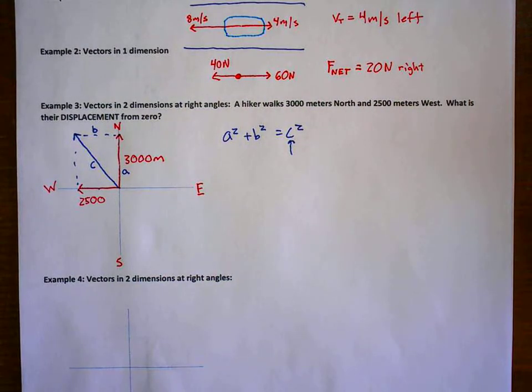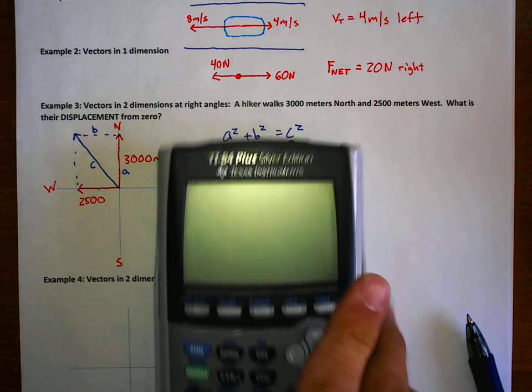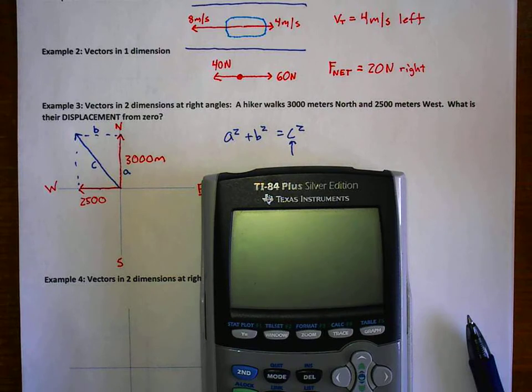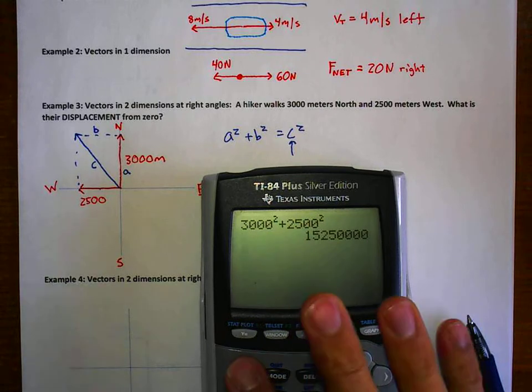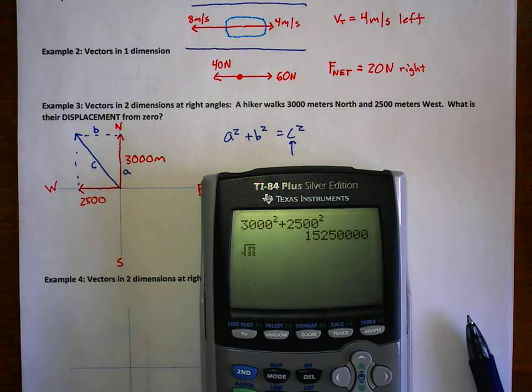Alright, so let's do that. Type it into our calculators. Alright, I'm not even going to write it down, I'll just type it in here. Okay, so 3,000 squared plus 2,500 squared, and I get a big number, and then I got to take the square root of it to get C instead of getting C squared.